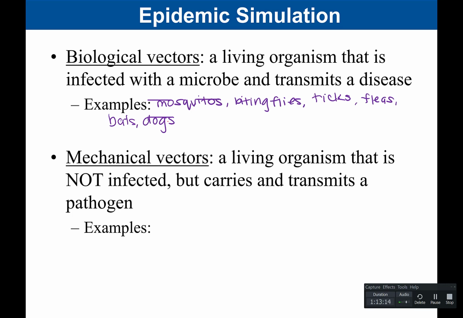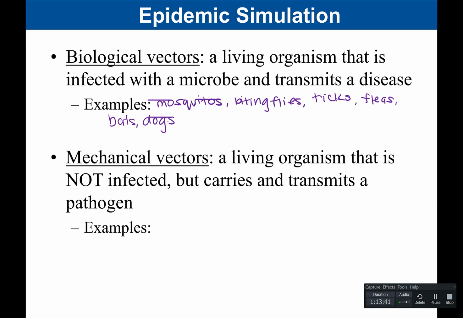Some animals or some organisms are not biological vectors. They are referred to as mechanical vectors. And that is that the living organism is not infected, but carries and transmits the pathogens. So the animal itself is not infected, but the organism is somewhere on their body, and it's just physically transmitted by touch from one place to another.